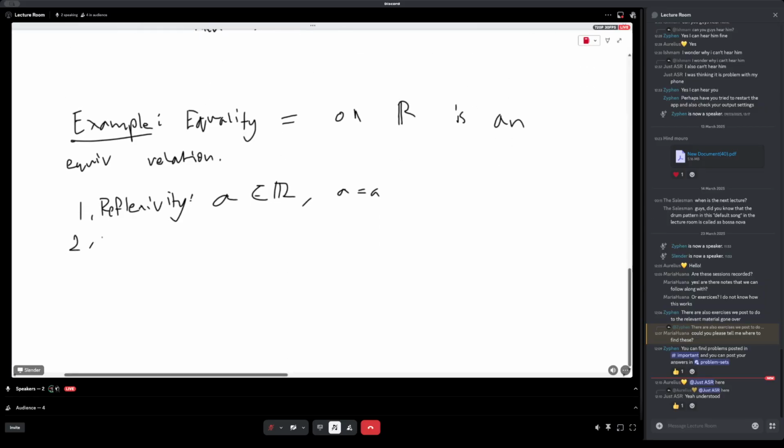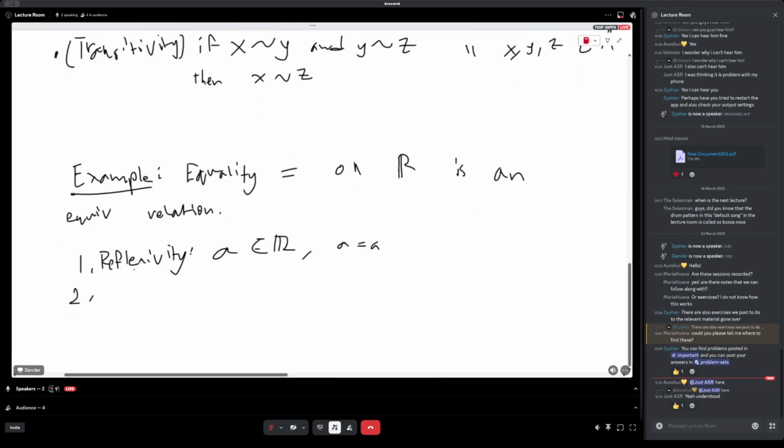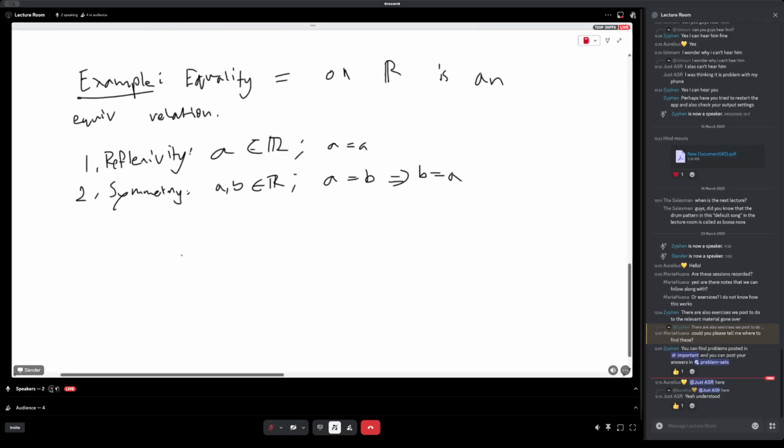Then we also have symmetry, because if you have A and B real numbers, and A equals B, this also means that B equals A. For example, 2 equals 2; if you flip it, it's the same.